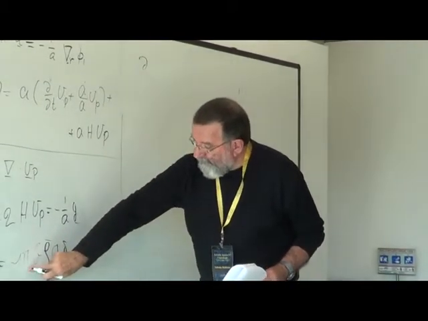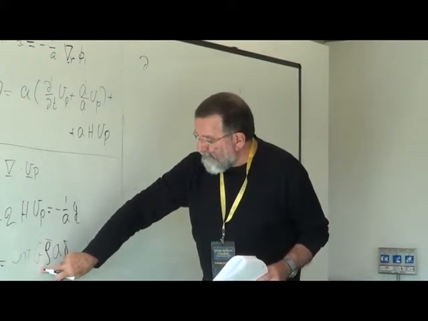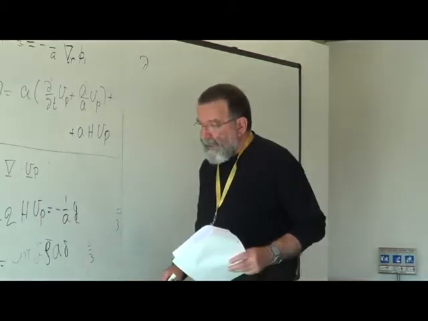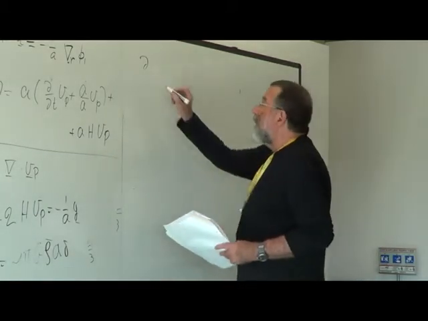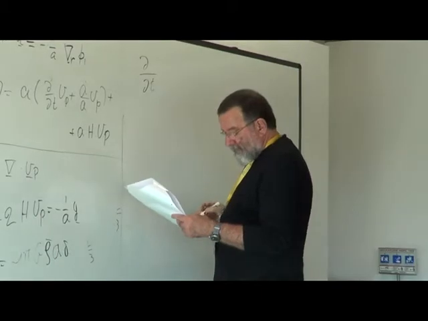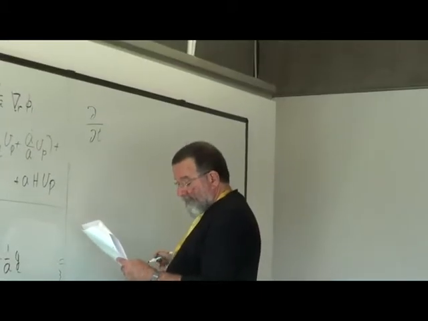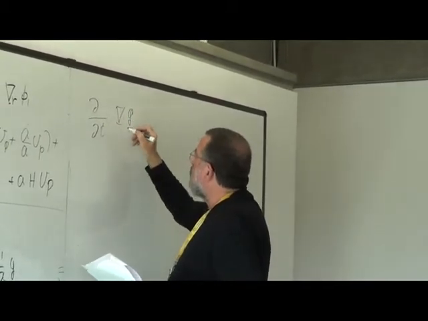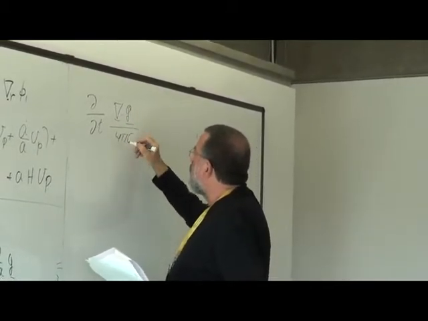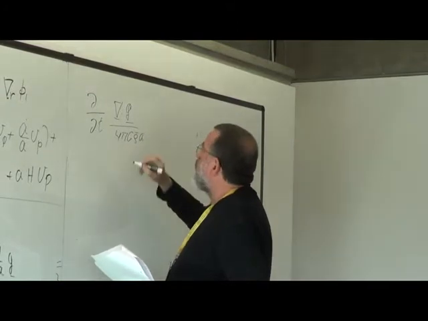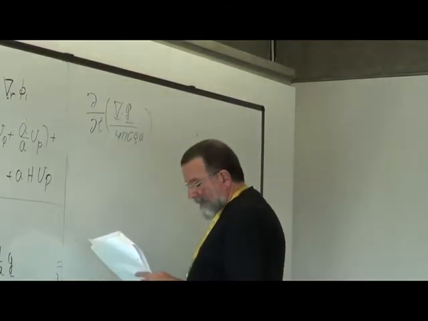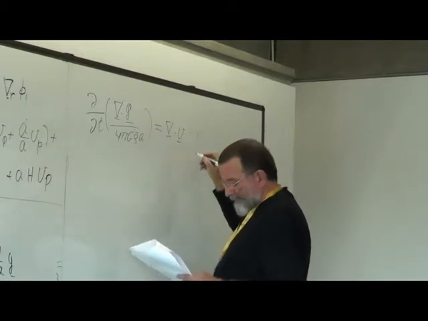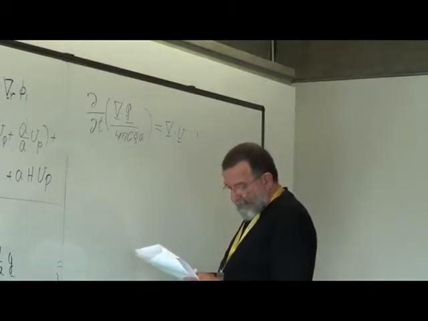Let's say that I take this factor 4 pi G rho bar times a. I divide it by the left hand side, and so I'm writing here d by dt of the divergence of g divided by 4 pi G rho bar a equals the divergence of v.